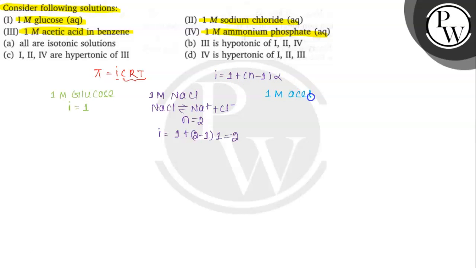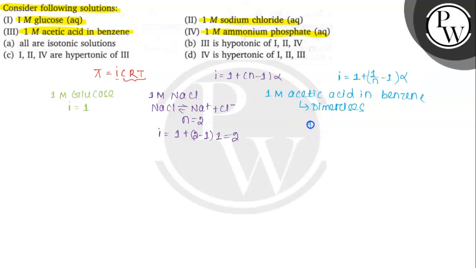In benzene, acetic acid dimerizes. Here association occurs, and the formula of the Van't Hoff factor in case of association is i = 1 + (1/n - 1) alpha.